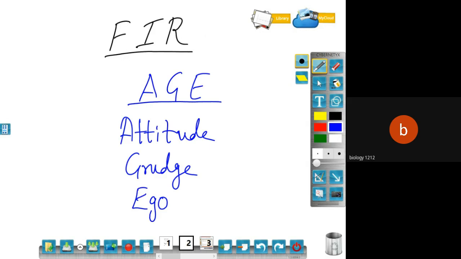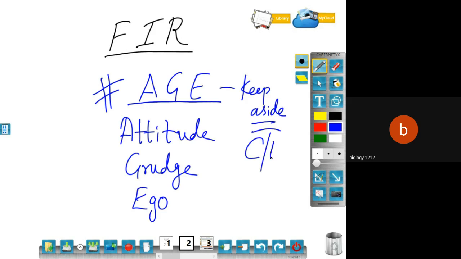It's very important that a student keeps these things aside whenever selecting core or extended: your attitude, your grudge towards students, class members, friends, teachers or facilitators, and most important, your ego.